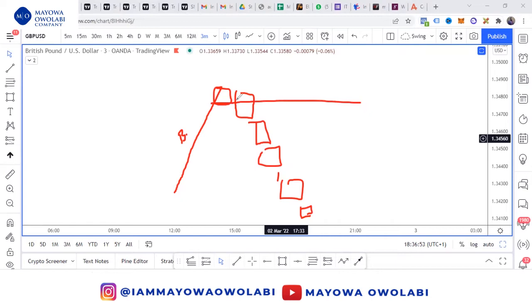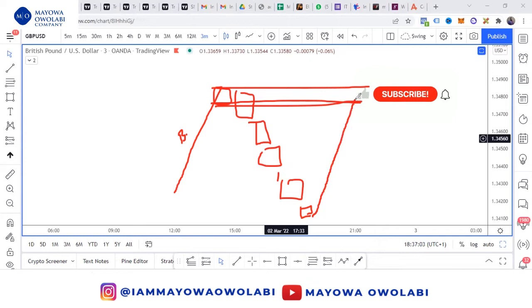Here, it becomes your order block, your order zone. So you are expecting the market to retrace back into this place, then you sell here. Here it will be a bearish candle followed by a bullish candle.